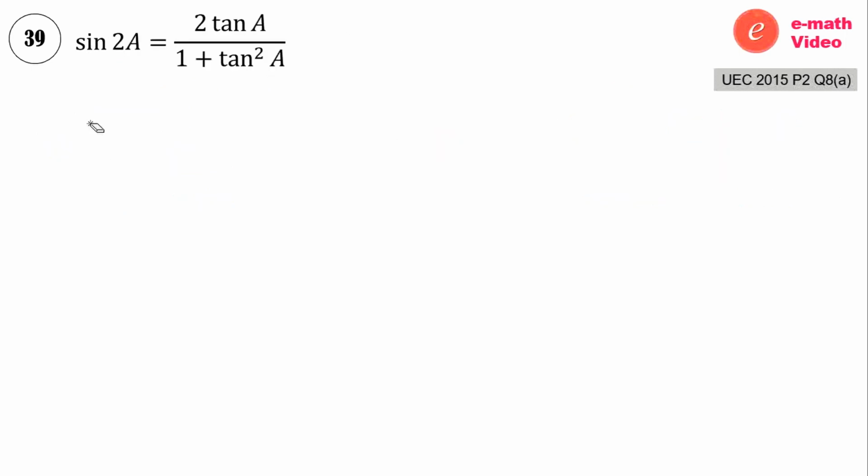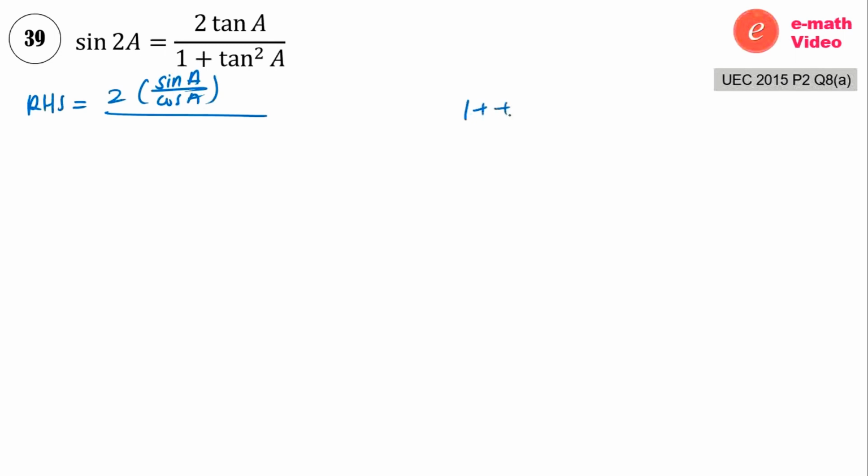Number 39. Okay, we start from the right hand side. It's more complicated, right? Tangent is sine over cos. And for below, don't straight away convert. Look at it carefully and look at your formula list.